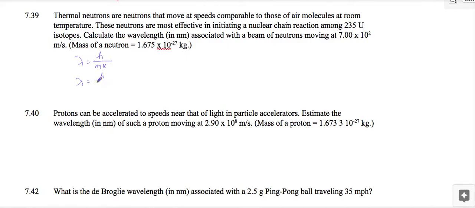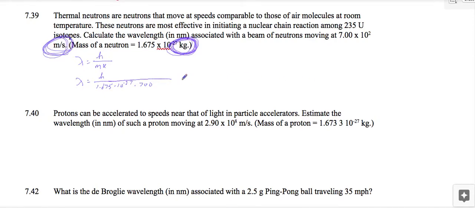So we have h divided by 1.675 times 10 to the minus 27th times 700. This is important. In this equation, you need to have kilograms, you need to have meters per second.